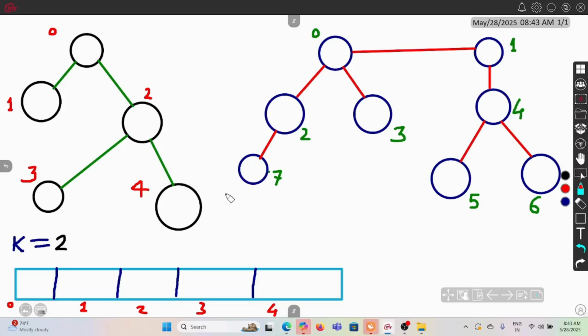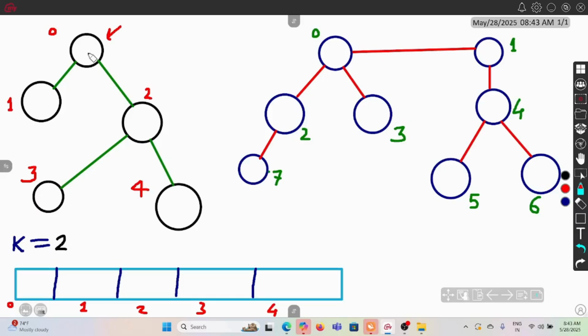For example, if you see here K equal to 2. So if we talk about this 0th node, for this node K equal to 2, so all those nodes which are at a distance of 2, where the number of edges is called the distance. So whichever nodes are at a distance of 2 or lesser, the total count would be called the target.